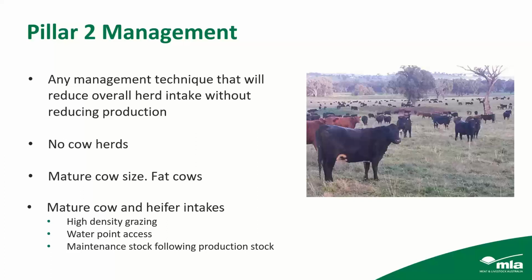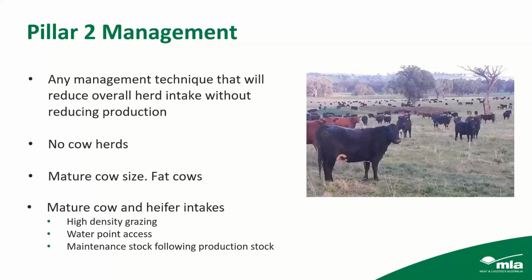I'm asking, why would you give her that second 50% if she doesn't need it? So if you're fattening your cow from the time that she weans the calf through to the time that she calves again, any more than shifting about half a condition score, I would suggest that's a waste of money, a waste of feed, and a creation of methane that you don't need to be creating.